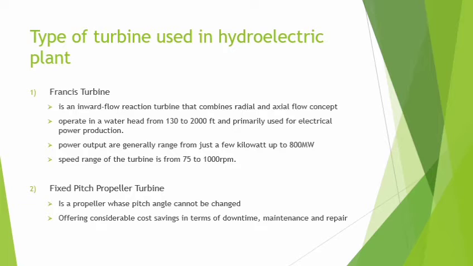The power output generally ranges from just a few kilowatts up to 800 megawatts. The speed range of the turbine is from 75 to 1000 rpm.